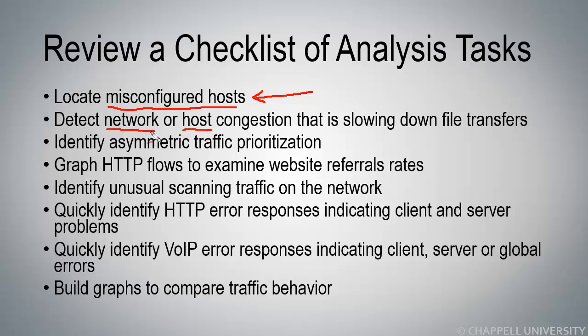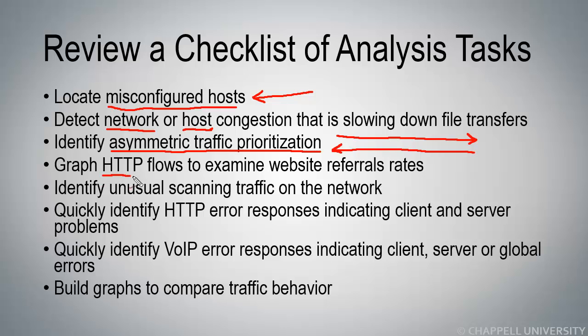Now, network congestion is typically seen as packet loss, where something along a network is dropping packets. Host congestion can often be seen by a host running out of receive buffer space. We can also identify asymmetric traffic prioritization, where traffic running in one direction across the network has a higher priority than traffic traveling in another direction.